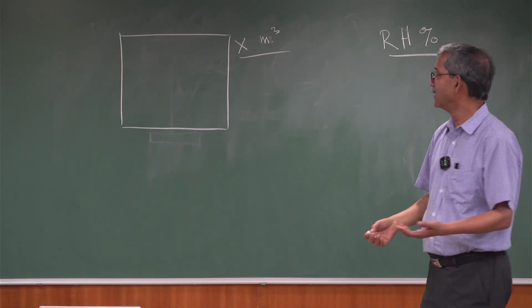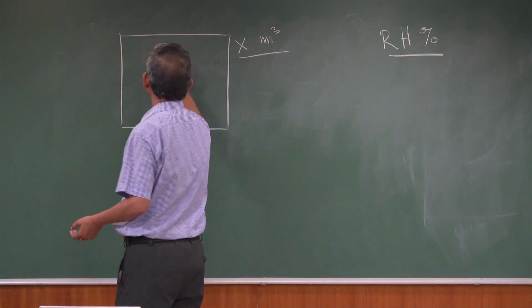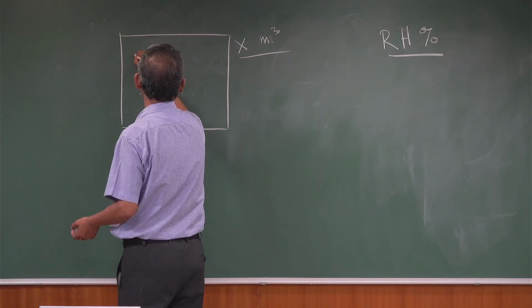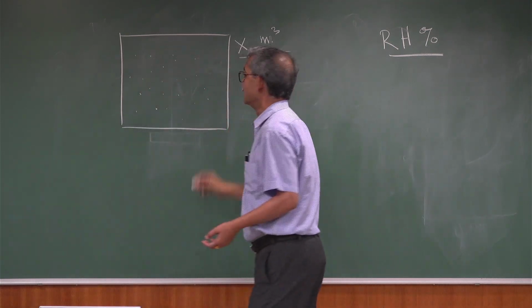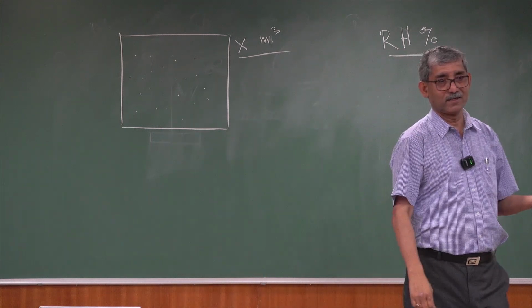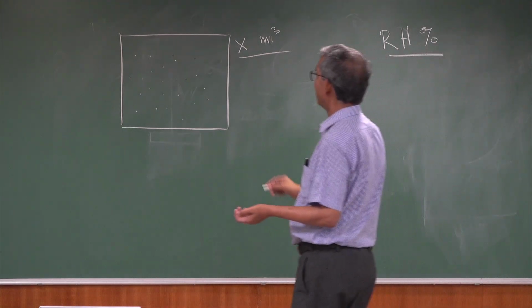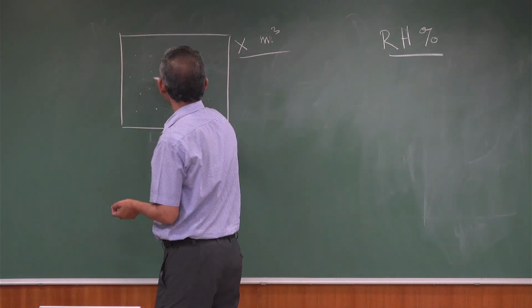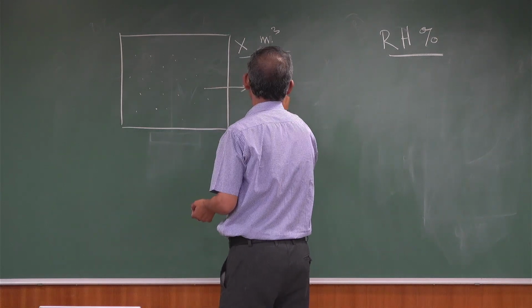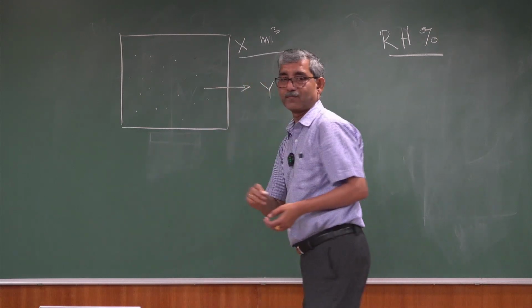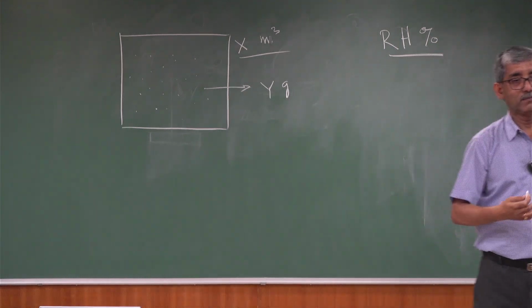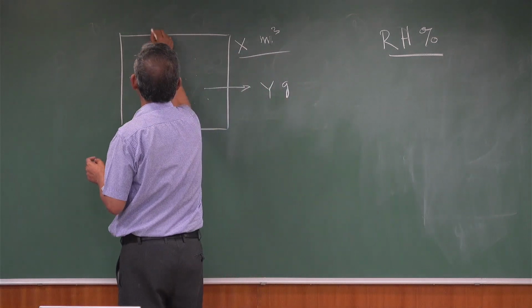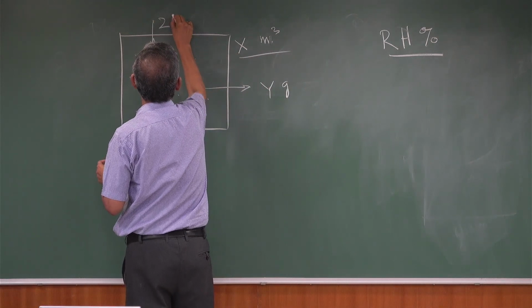Here we have moisture vapor content, and the total mass of the vapor is, say, y gram, and the temperature here is, say, 25 degrees Celsius.